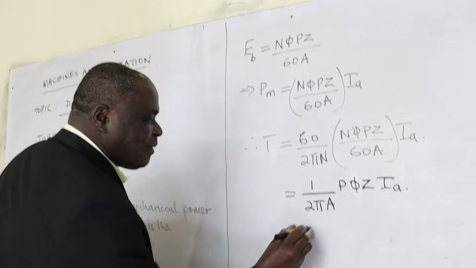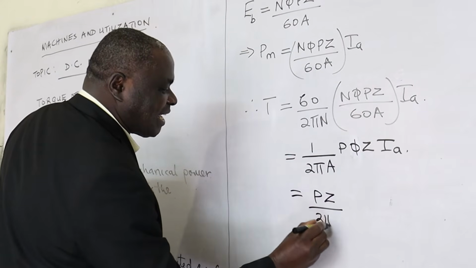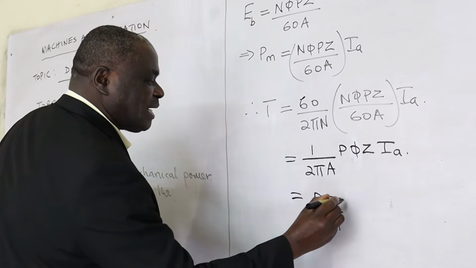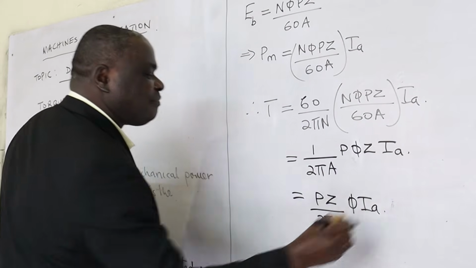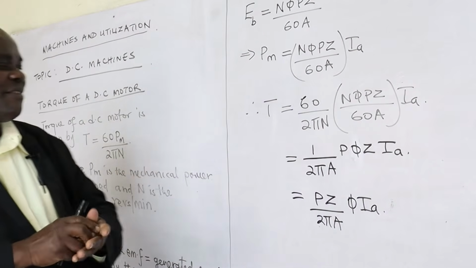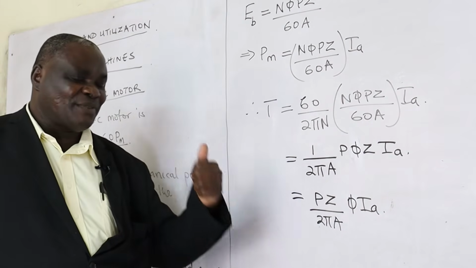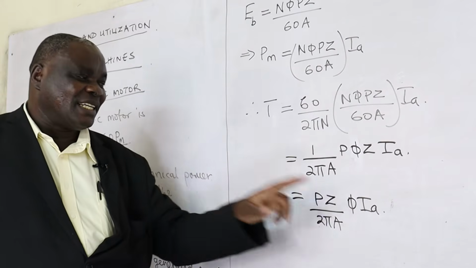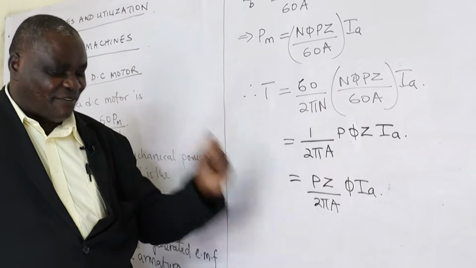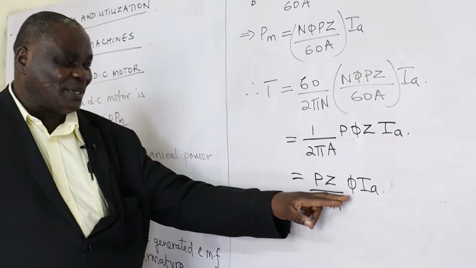So this will be equal to PZ all over 2 pi A, now multiplying phi, multiplying IA. Phi is the flux per pole. This phi is from the field circuit of that particular motor. It is the field flux for that particular field circuit.